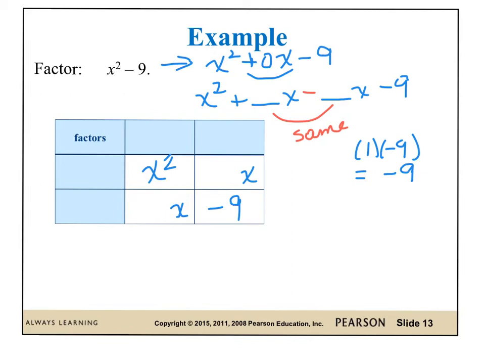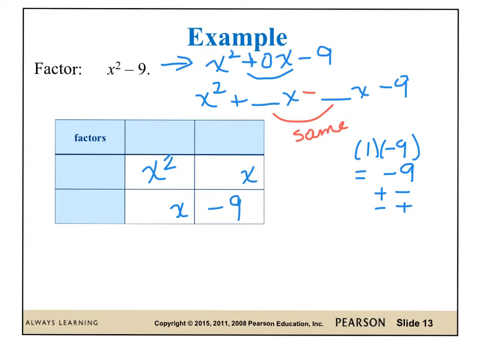And that tells us right there that we're going to have one positive and one negative number. We don't know which one's which. It might be the negative is first and the positive's second. But we're going to start listing out our factors, because there's not that many factors of negative 9.